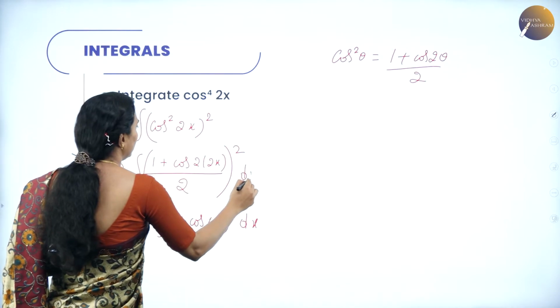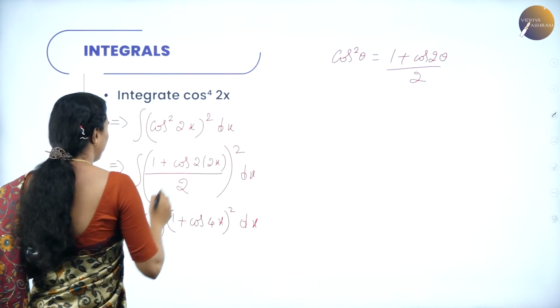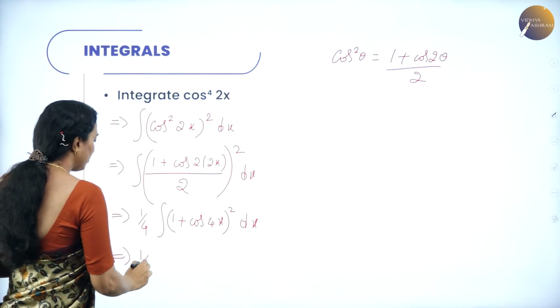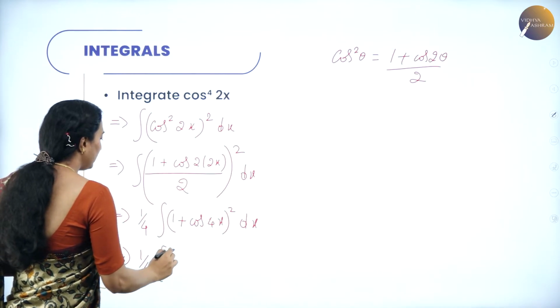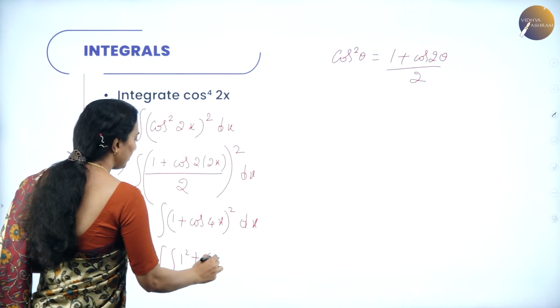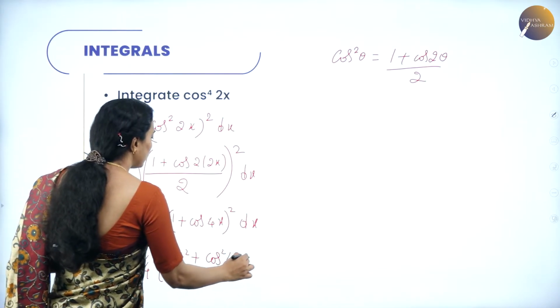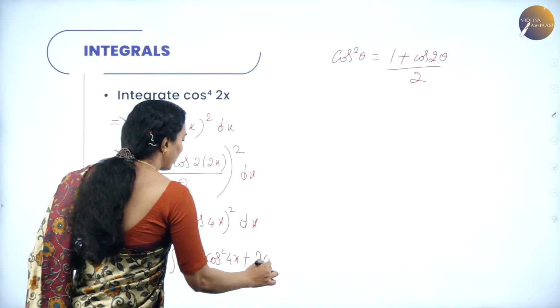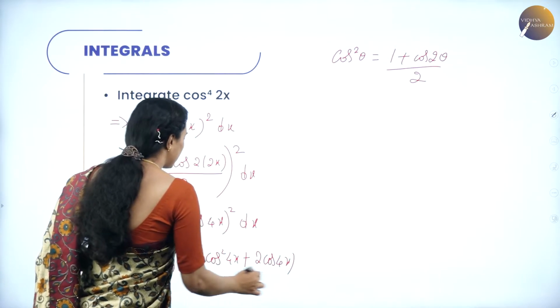Don't forget to write the dx, students, after writing the integral. Now which will be equal to 1 by 4 into, now separate this integral, integral of 1 squared plus cos squared 4x plus 2 cos 4x into dx.